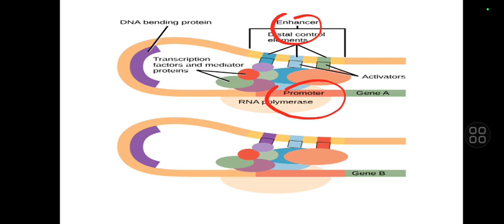Even though it is situated much away from the promoter sequences, it can control gene transcription by some agents known as activators.